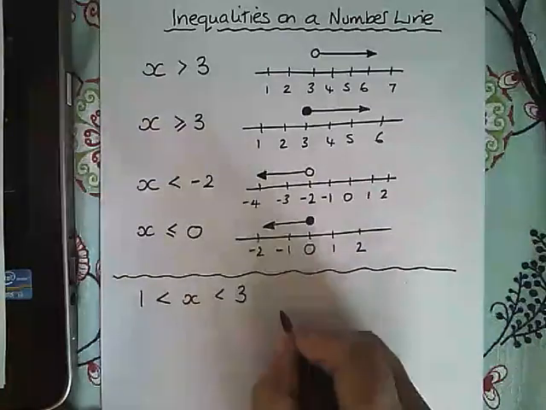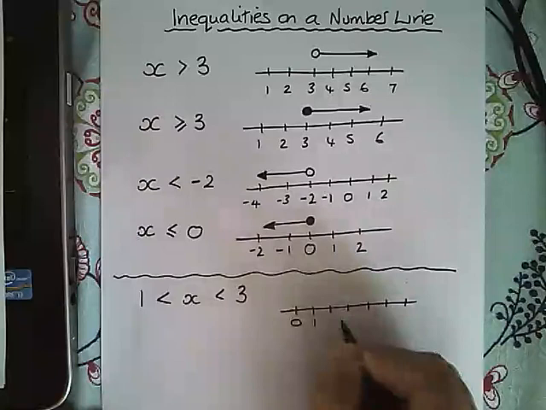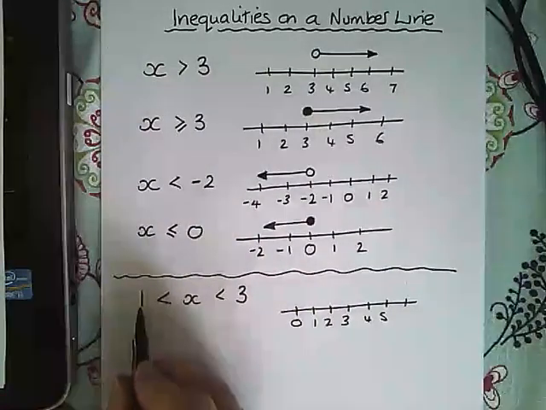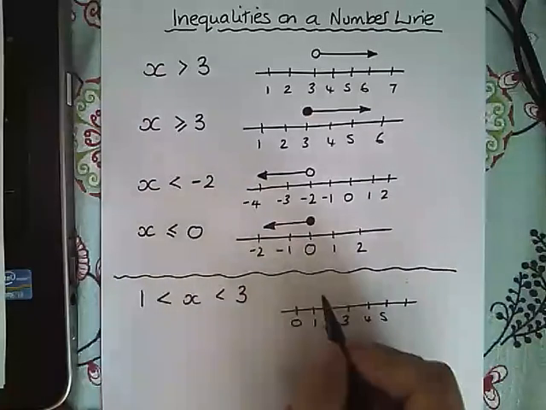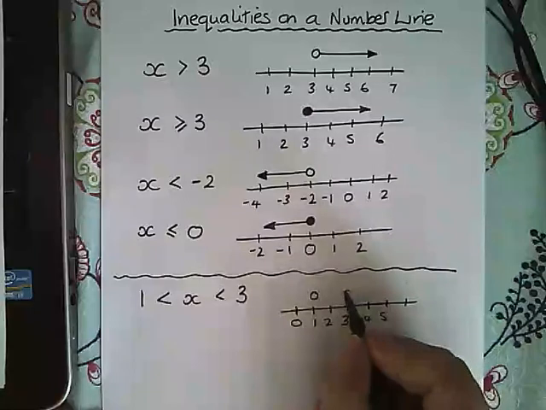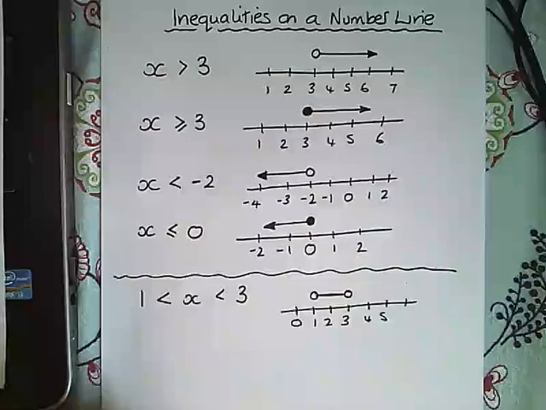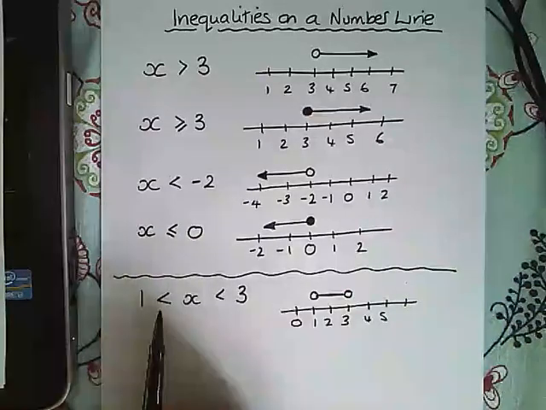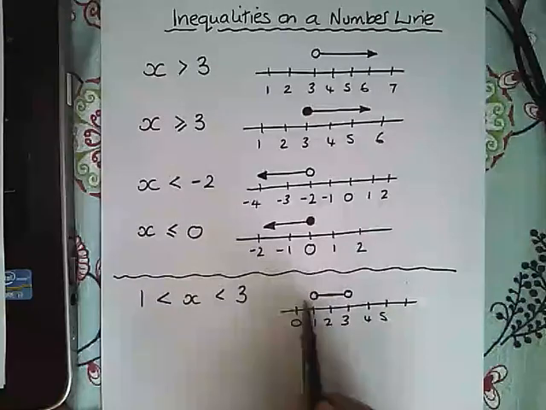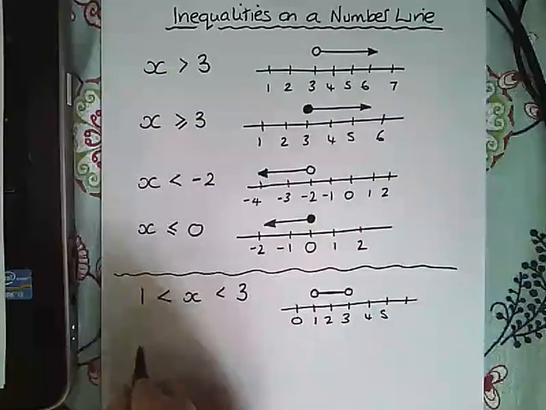So when we draw it on a number line, 0, 1, 2, 3, 4, 5, we put an open circle above the 1, an open circle above the 3, and we join them up. We do not colour them in because x cannot take the values 1 and 3, but it can lie in between those values.